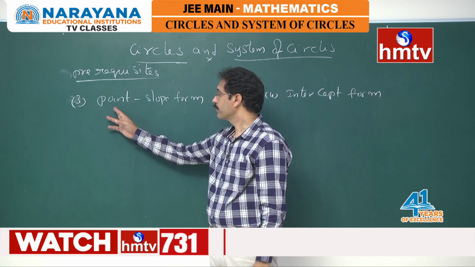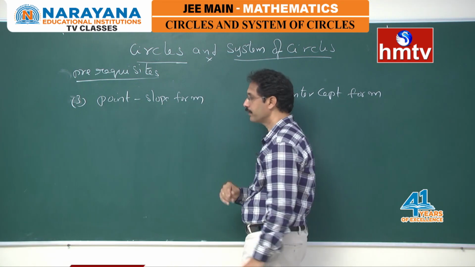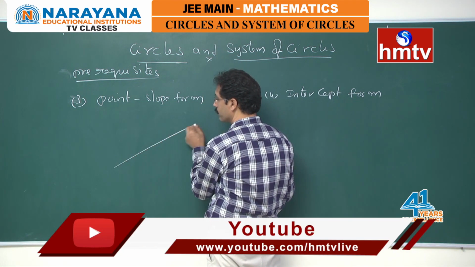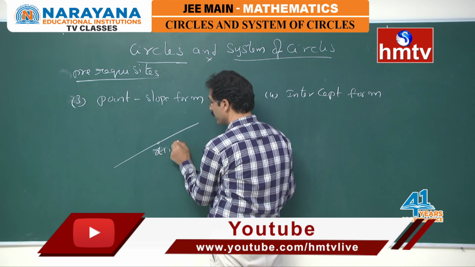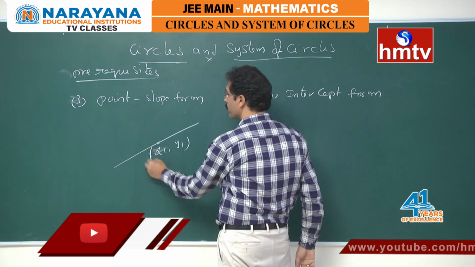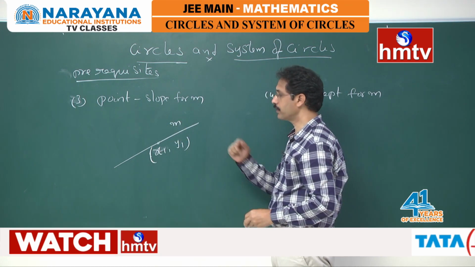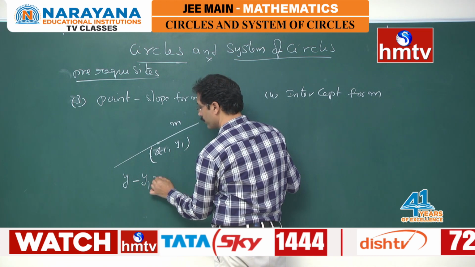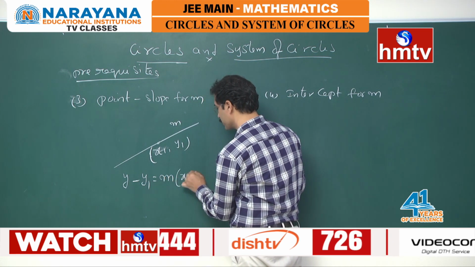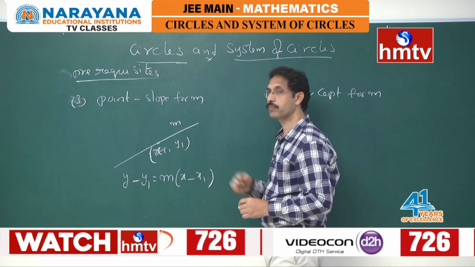Let us discuss point slope form. That means any straight line is passing through a point (x1, y1) and its slope is m. Then equation of that straight line can be written as y minus y1 is equal to m into (x minus x1). This is called point slope form.